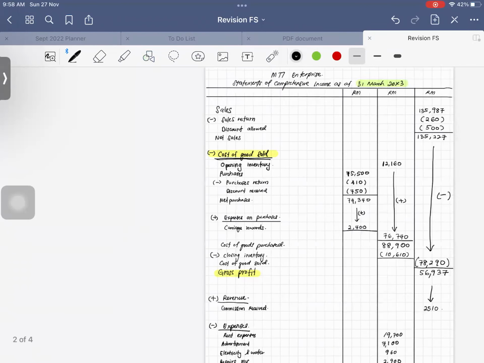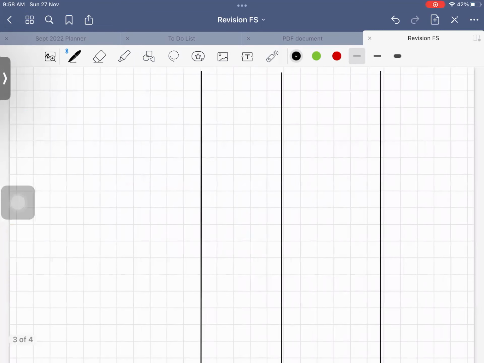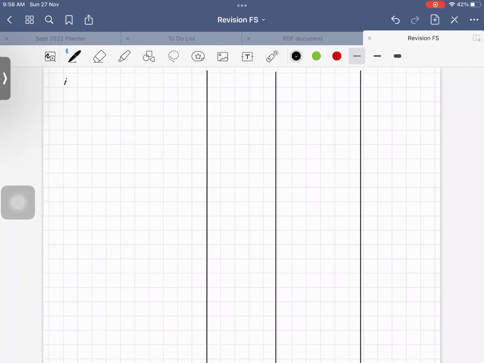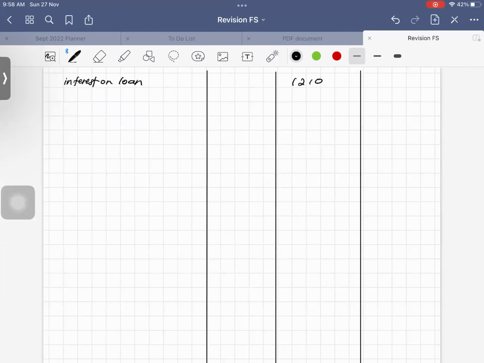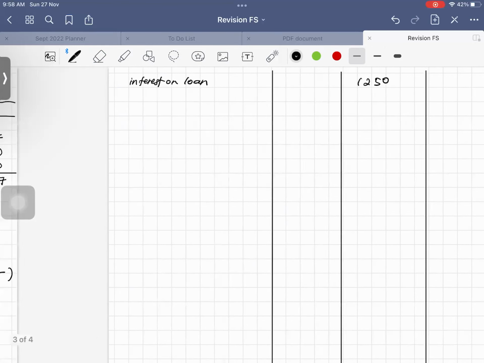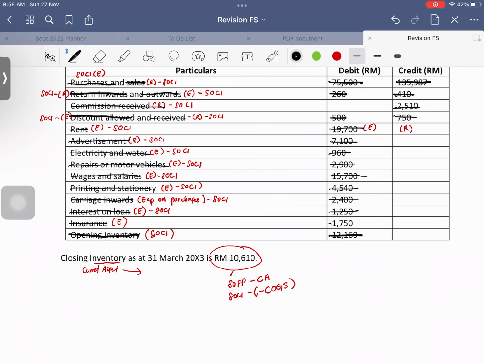Sorry, printing and stationery. Subhanallah. Okay. Interest on loan 1250. Transfer. Ni 50. Insurance 1750.